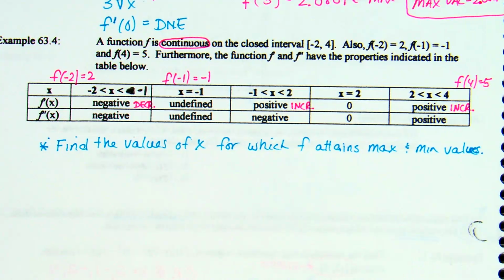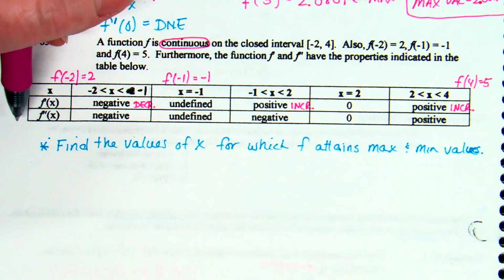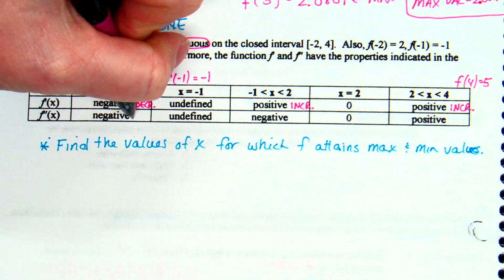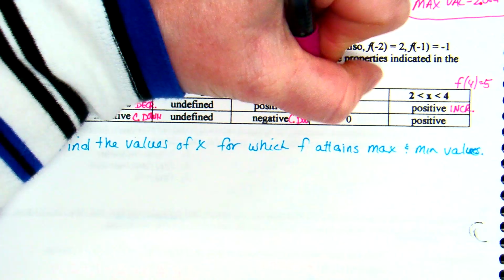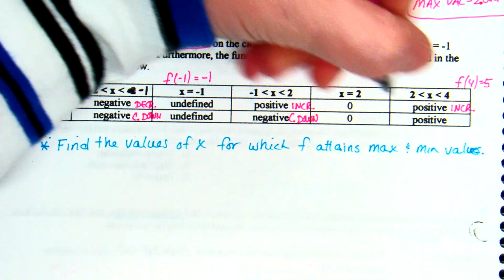Okay, what does the second derivative tell me? The first derivative tells whether the graph is increasing or decreasing. The second derivative is concavity. So negative second derivative says that this is concave down. Another negative section here, so it's concave down. And then the last one is positive, and there's your concave up.